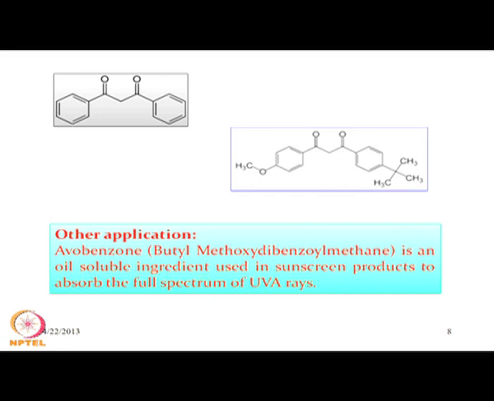It is a very useful ingredient for sunscreen lotion, because it absorbs the full spectrum of UVA radiation. So, the range of UV radiation can be absorbed by this particular molecule, and sunburn due to UV exposure can be stopped. This molecule is therefore a useful ligand, but it has been found that it can have some other applications as well.